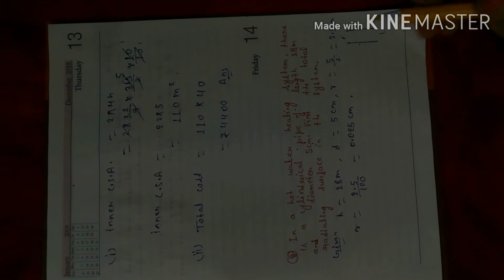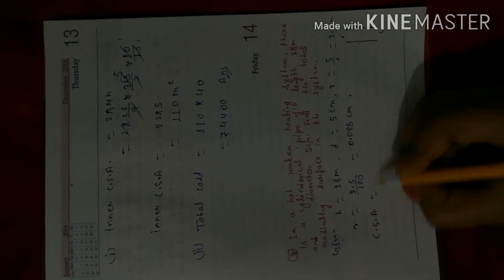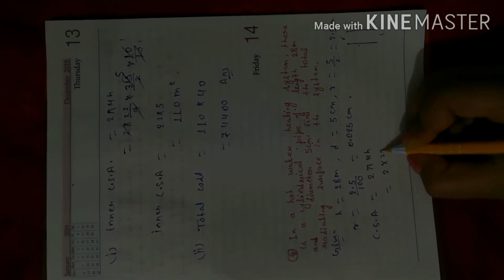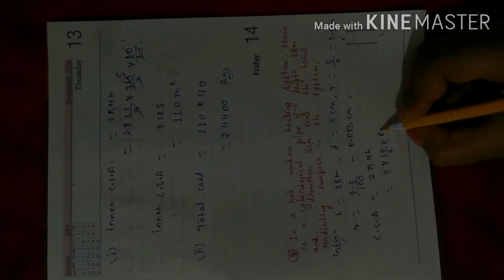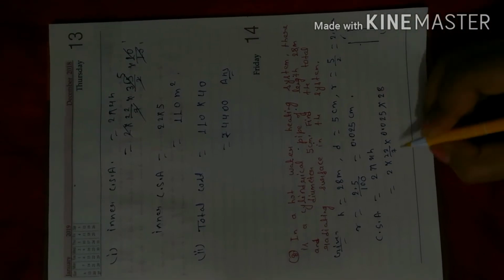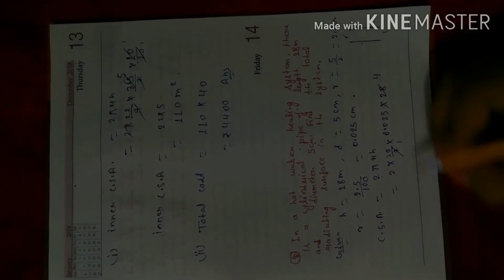So here also we will find CSA. CSA equal to 2 pi r h, 2 into 22 by 7. r equal to given 0.025 and h equal to 28. 7 1s are 7, 7 4s are 28.